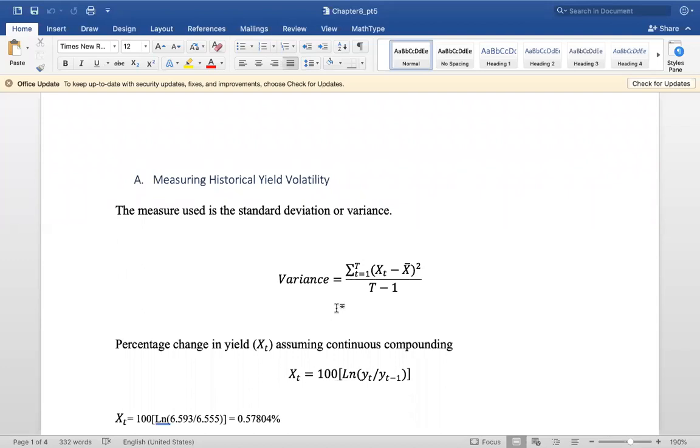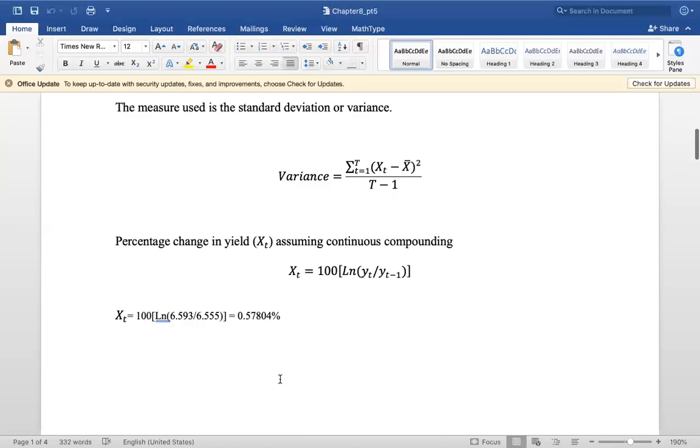For continuous compounding, it can be calculated using this formula: log of yield today divided by yield yesterday, and multiply by 100. For example, if today's yield is 6.593 and yesterday's was 6.555, our answer will be 0.57804%.